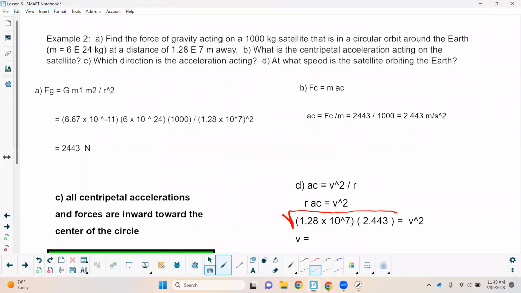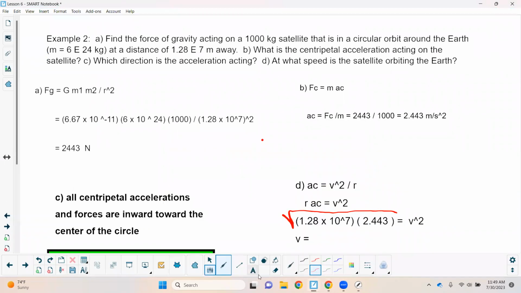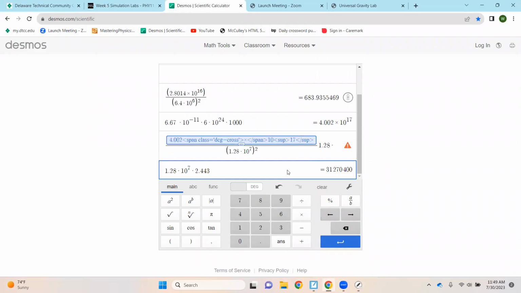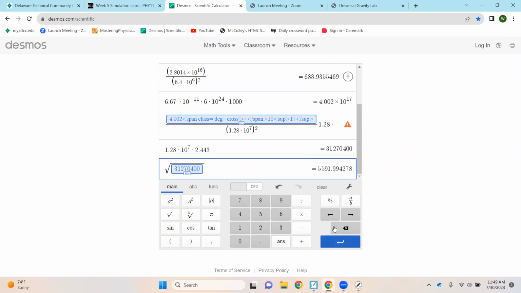So that's that number, and then we need to take a square root of that. We'll hit enter and then take a square root of the answer, and we get 5,592-ish. So that is how fast it is moving.